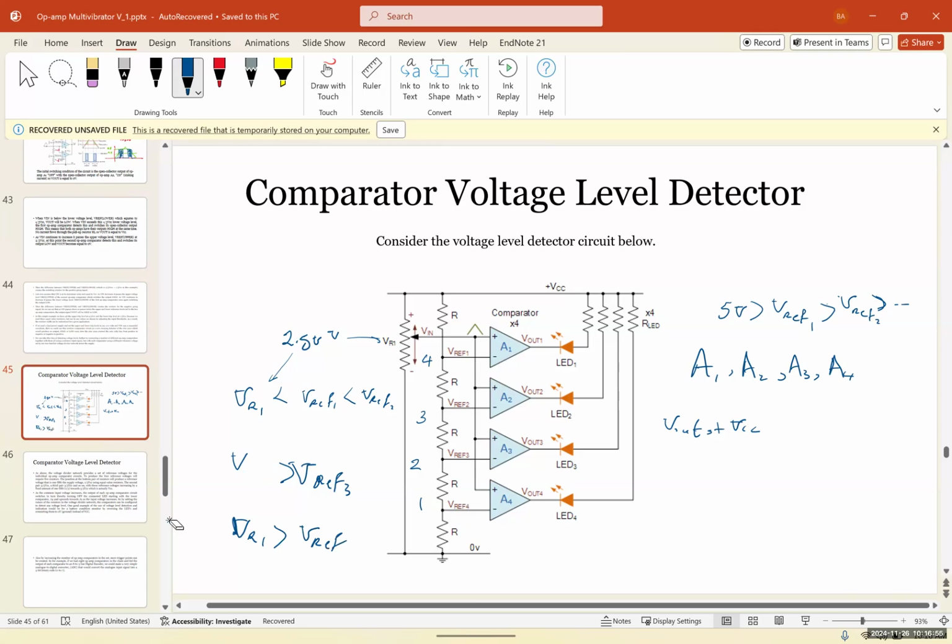So what happens is these two would be turned off and these two would be turned on. And it's going to show that the voltage is above 2 volts, for example.